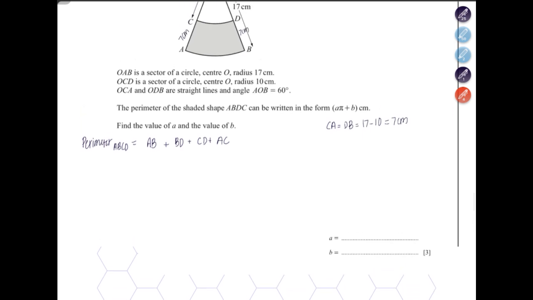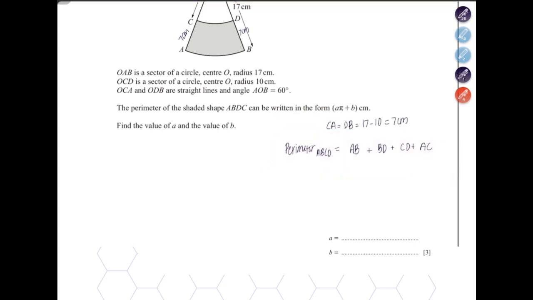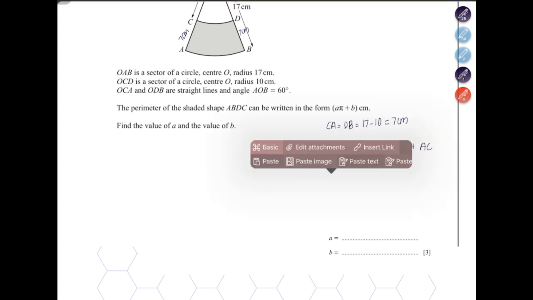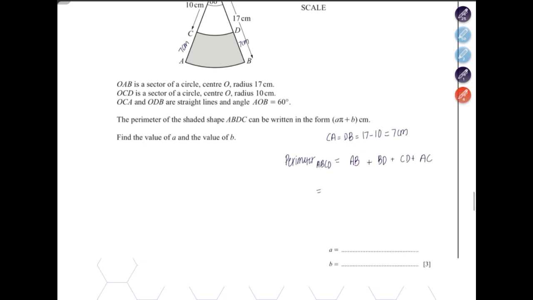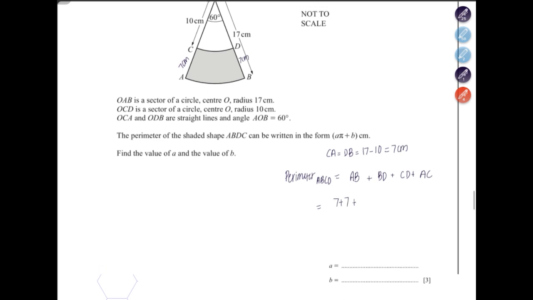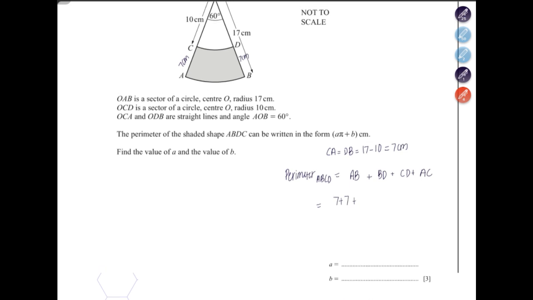Right, now we can find, I would like to move this over there. So we already have 7 plus 7. Now we need to find AB and CD. AB is the length of an arc. What is the formula for length of arc? It is theta over 360 times 2 pi r.